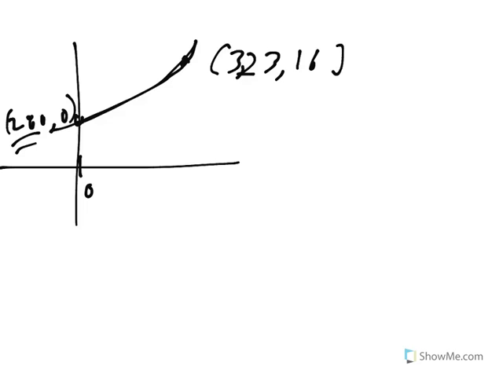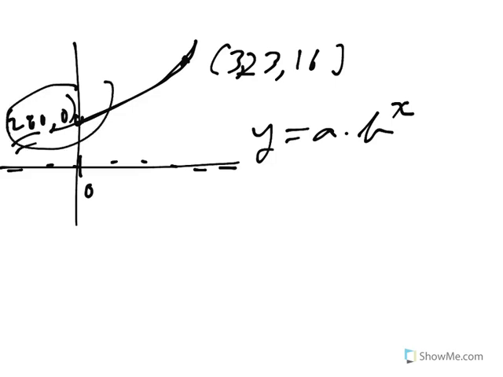So what you would do, based on the previous lesson, is calculate y equals a times b to the x power. This is assuming an asymptote at 0. When the y-intercept, that should say 0 to 280, these are switched around. Sorry about that.